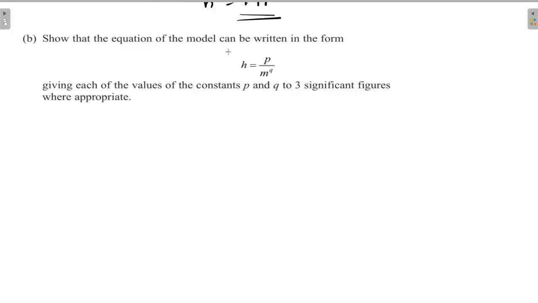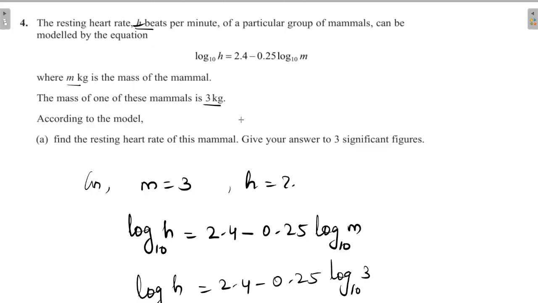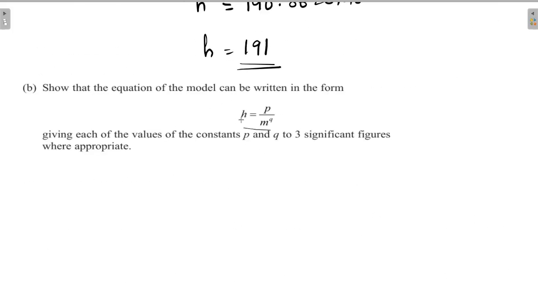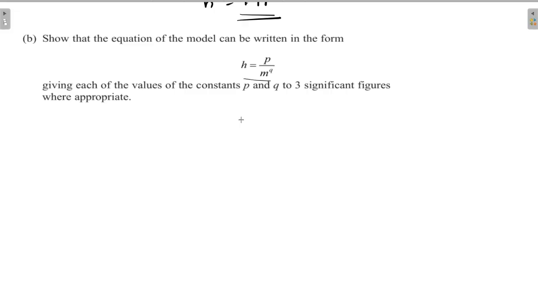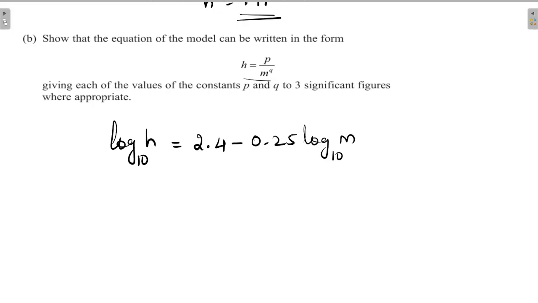Show that the equation of the model can be written in the given form. What is the equation of the model? It's given as a logarithmic expression. The model is log h to the base 10 is equal to 2.4 minus 0.25 log m to the base 10. So let's move this logarithmic term to the left hand side.